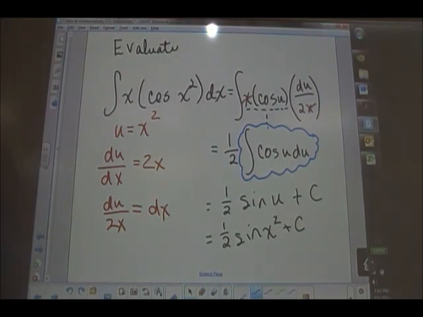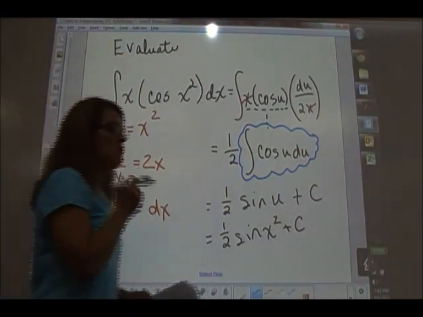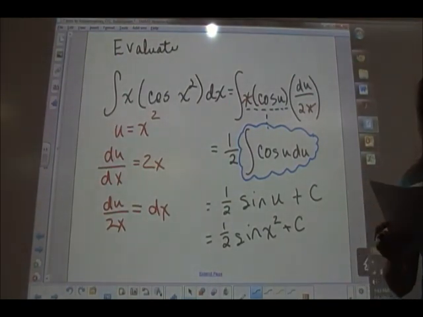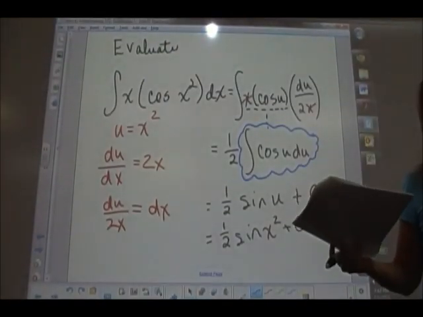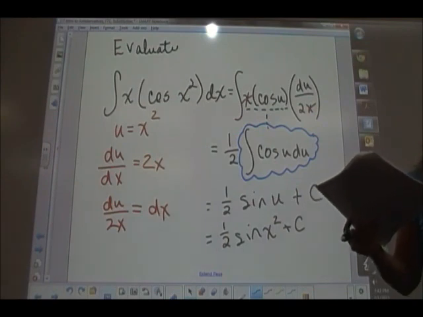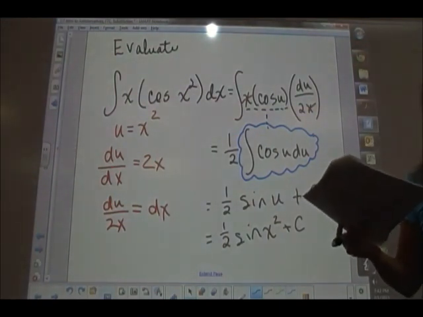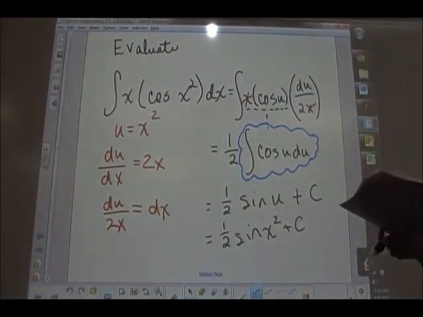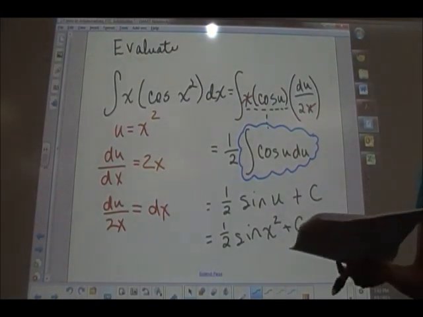Is there a rule of thumb for choosing what you want to use for u, or is it all just kind of trial and error? Well, you never want to pick something that's too long. If you've got a polynomial raised to a power, you just want to pick the polynomial, not the polynomial raised to the power, because you've got to take the derivative of it.